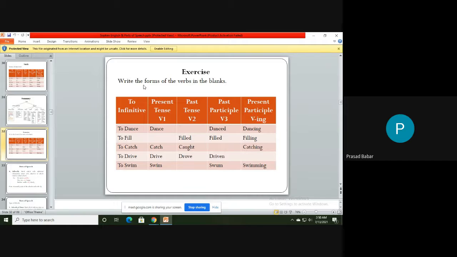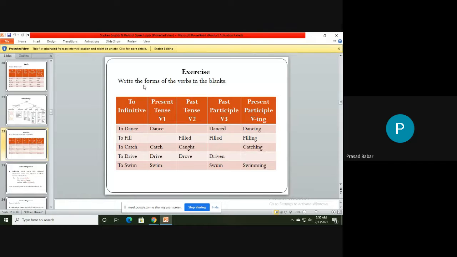Okay, so to dance is an infinitive form. Its present tense, or first form, or V1, will be dance. Its past tense, or second form, or V2, will be danced.